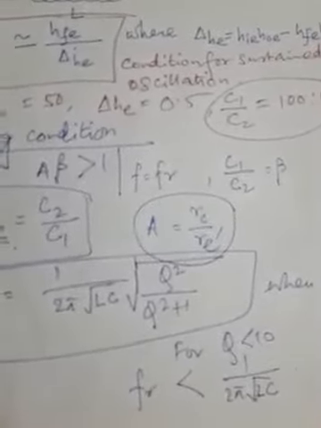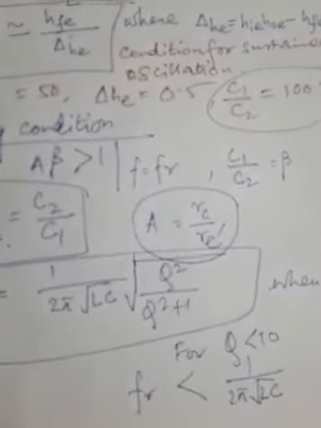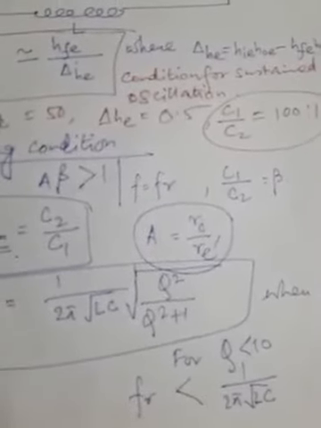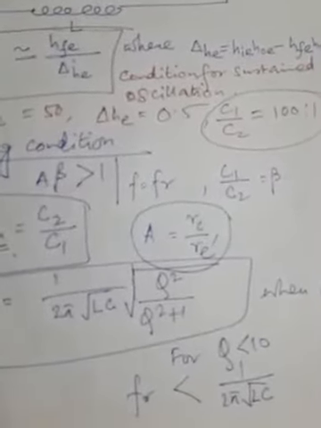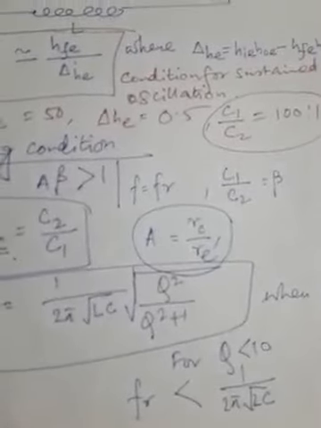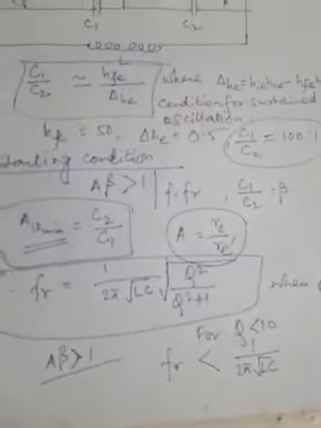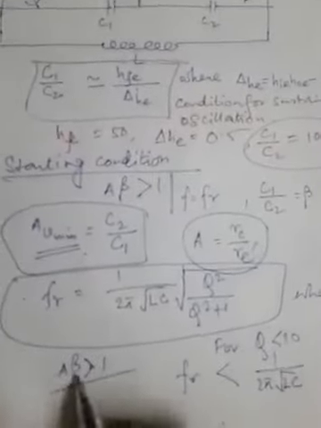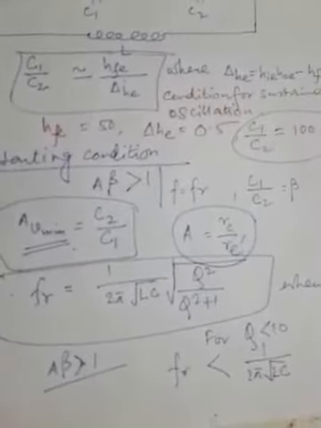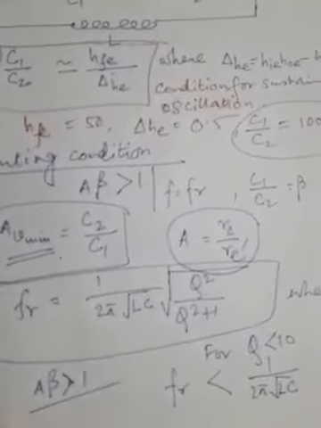That will also cause another problem, because it may reduce the high frequency voltage gain because of low Q. We need the condition A beta greater than 1, so A and beta should have a particular relation between them.